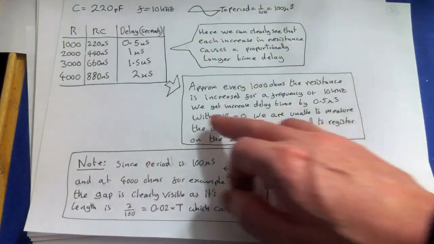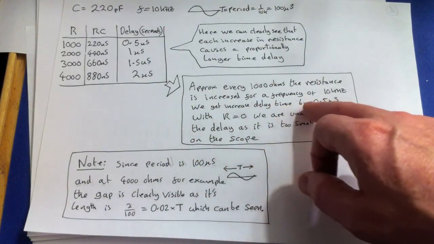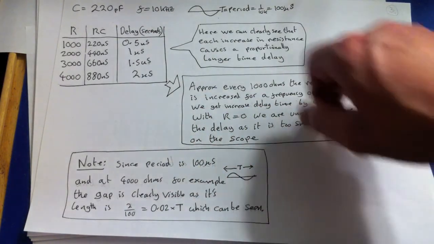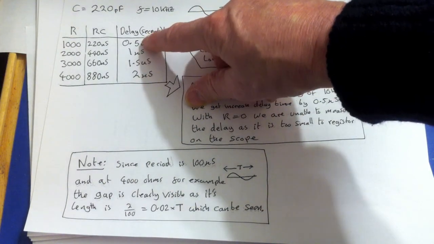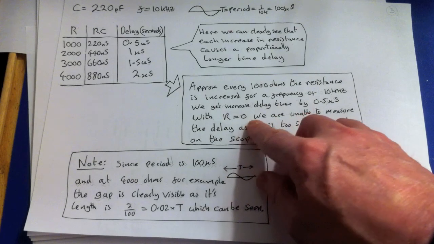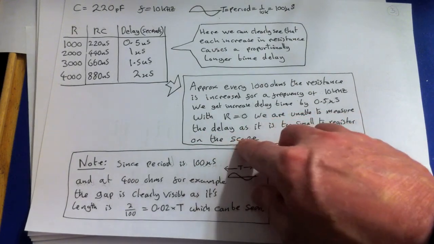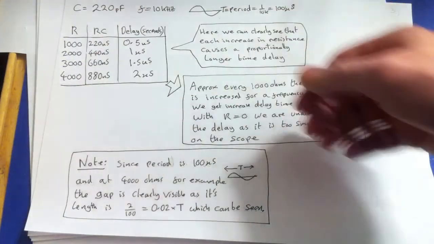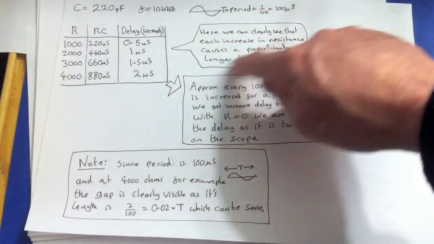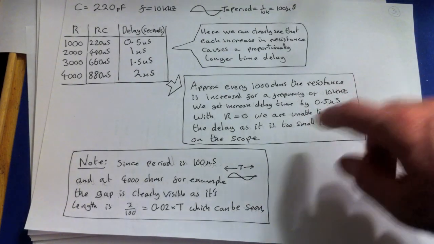So I'm not saying this is any given proportional relationship. But for this particular case, we get an increased delay time of 0.5 microseconds. It seems to jump up each time by 0.5 microseconds. With R equals 0, we are unable to measure the delay as it is too small to register on the scope. When there's no resistance, we see both the curves superimposed on top of one another, as I originally showed you.